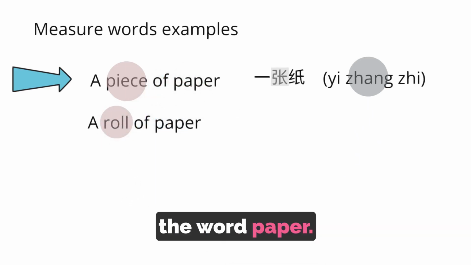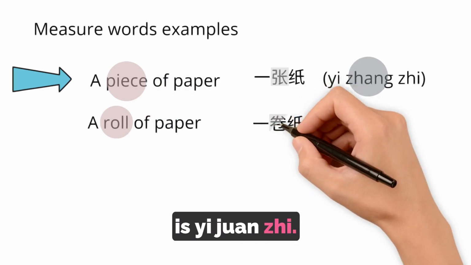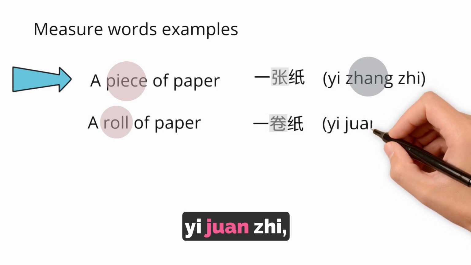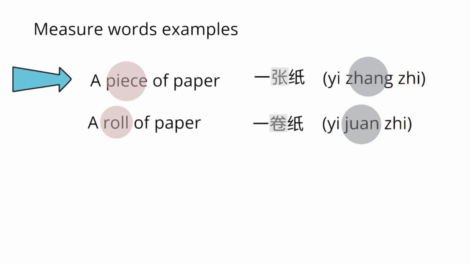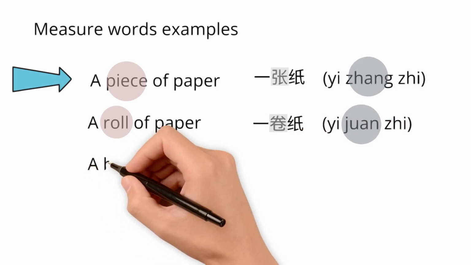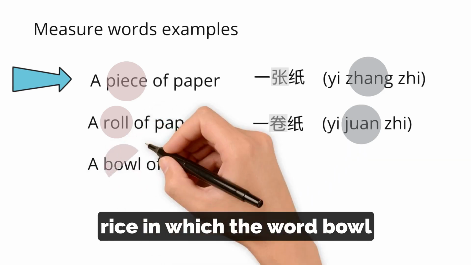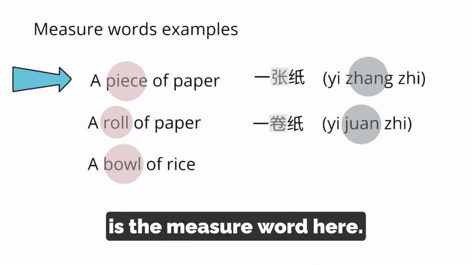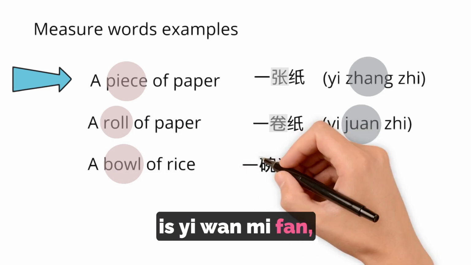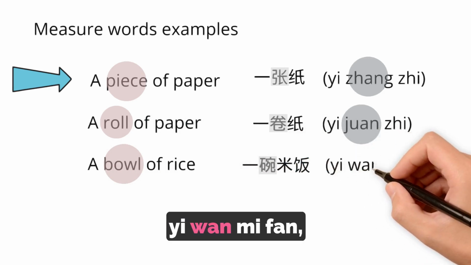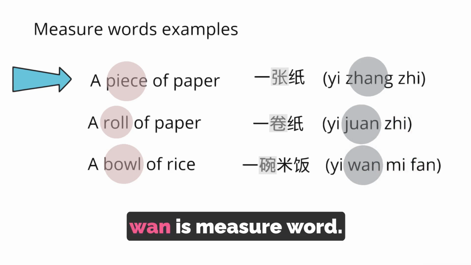The phrase in Mandarin is 一卷纸, in which the word 卷 is the measure word. And here we also have a bowl of rice, in which the word bowl is the measure word. The phrase in Mandarin is 一碗米饭, in which the word 碗 is the measure word.